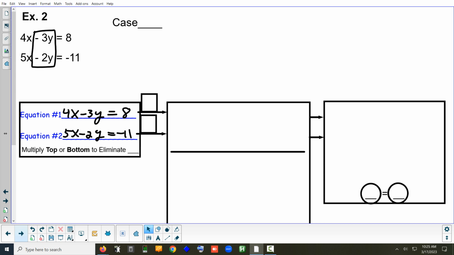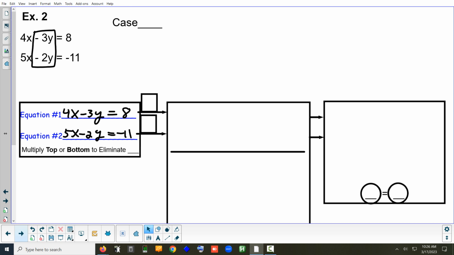We want to end up with the same number, same letter, but I want to have opposite signs. So the bottom equation is going to be multiplied by something with a 3. The top equation is going to be multiplied by something with a, can they tell me the number at the top? Yep, a 2. Let's figure out, though, if we need to make one of them negative.